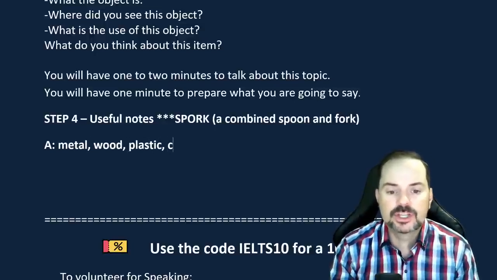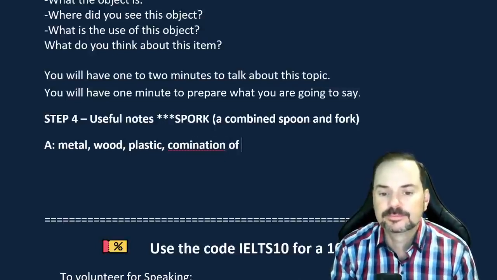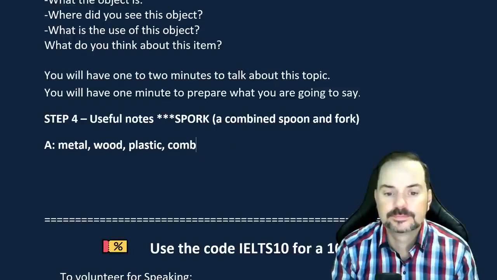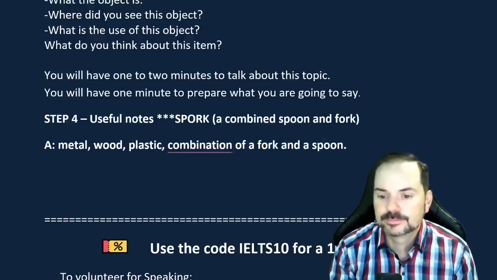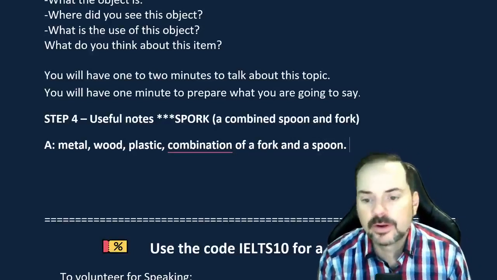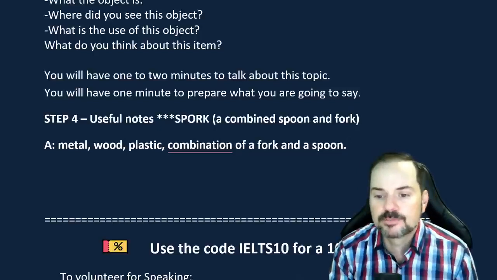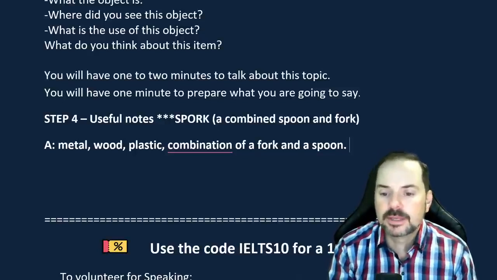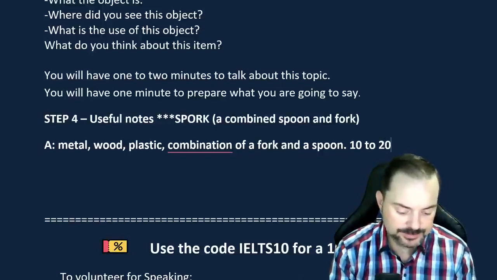It's a combination of a fork and a spoon. Okay. All right. And there's small sporks, there's big sporks. So anywhere from maybe 10 to 20 centimeters in size.